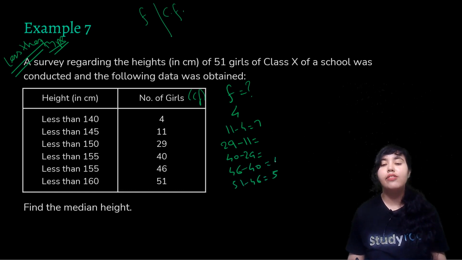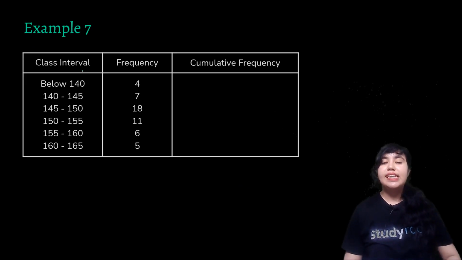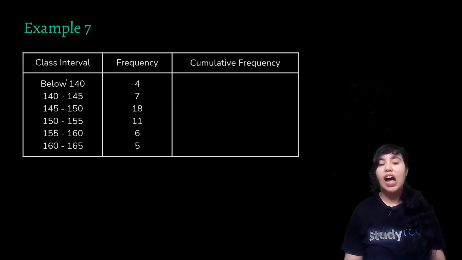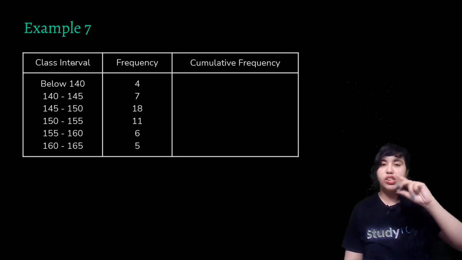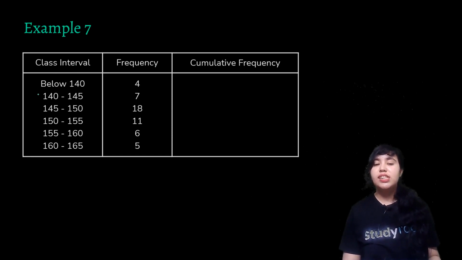So this will be 11, 6, 5. So these are the frequencies that we've obtained. These were the class intervals basically, so now we are writing the class intervals by converting those words to these class intervals.